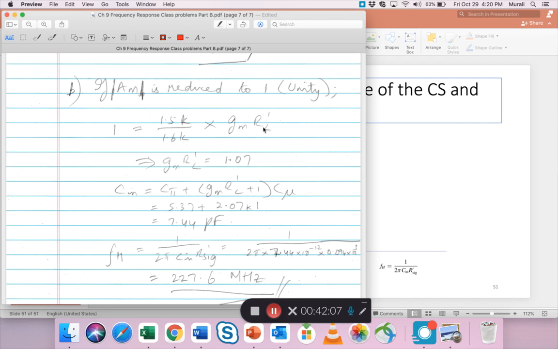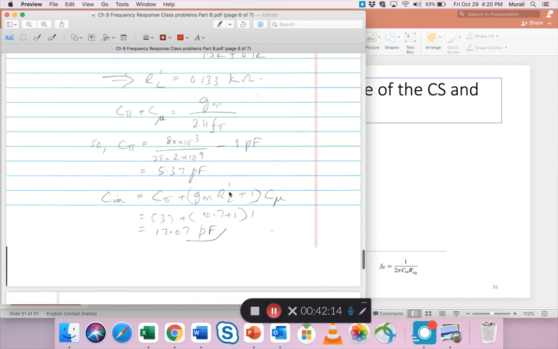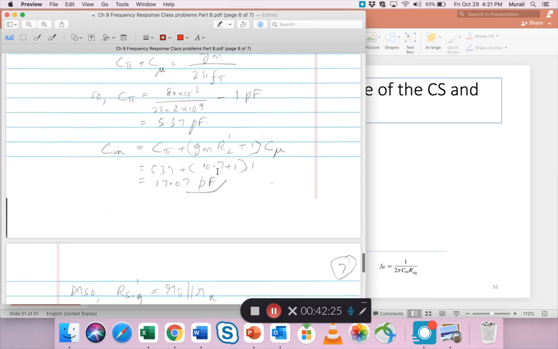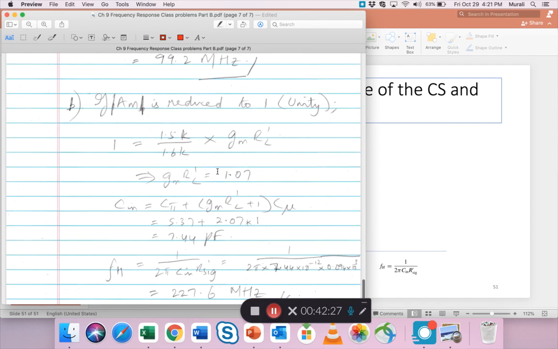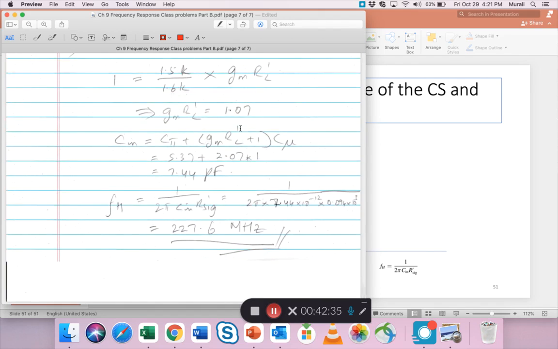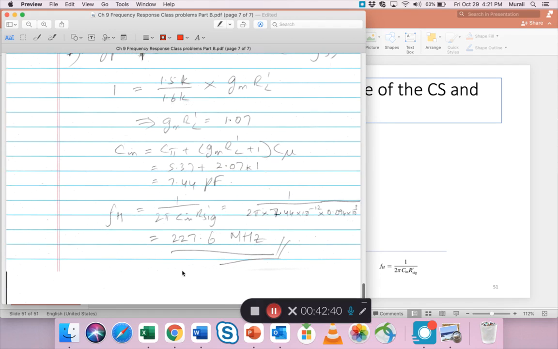By reducing RL prime from whatever was the previous value, I think it was 0.133 kilo ohms. Anyway, what he did was change RL prime. We didn't calculate that separately. But because of that, we get a different cutoff frequency.